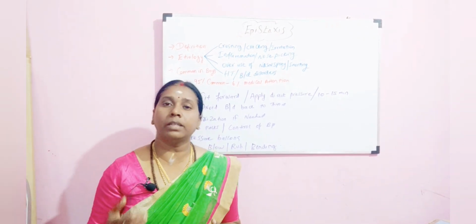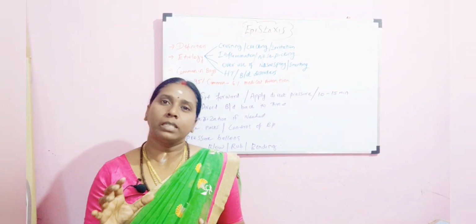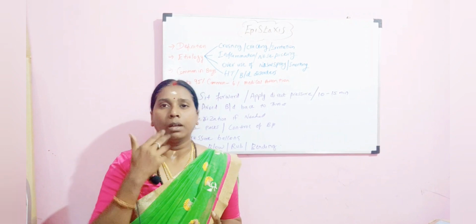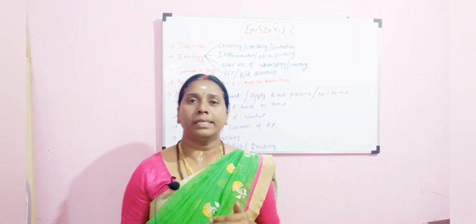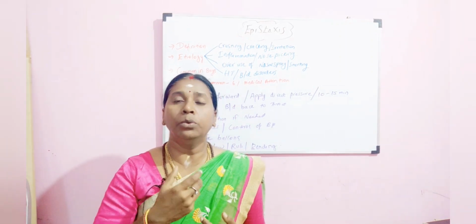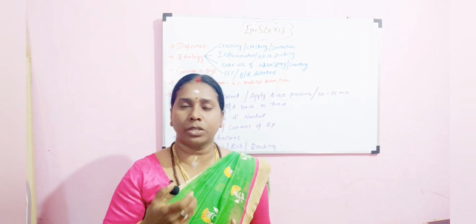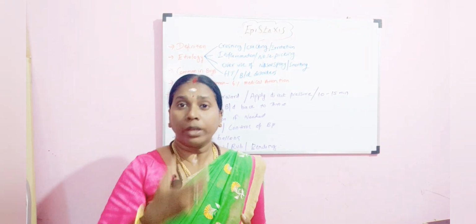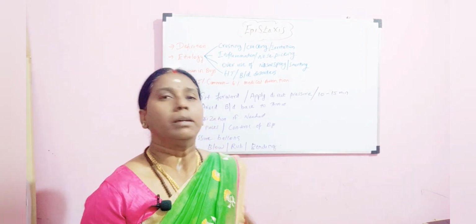That is the reason we always tell you to restrict the use of nasal sprays, which can induce bleeding. Snorting is nothing but blowing the nose. When there is a secretion, you try to force it out. When you keep blowing your nose very heavily, it can also start bleeding.